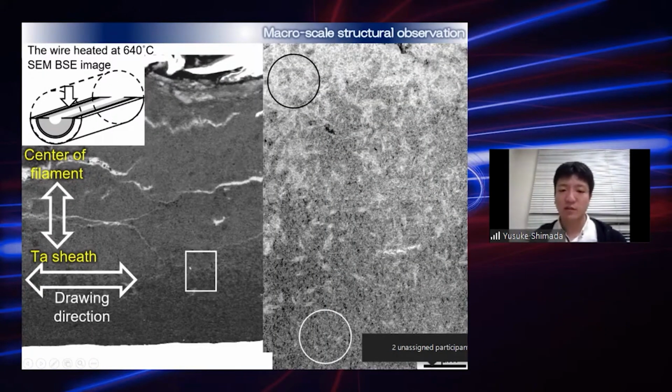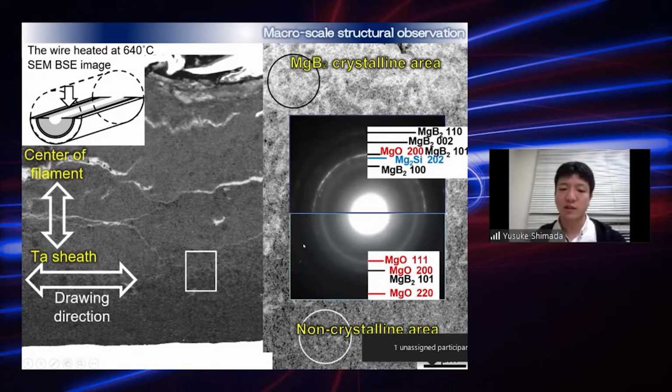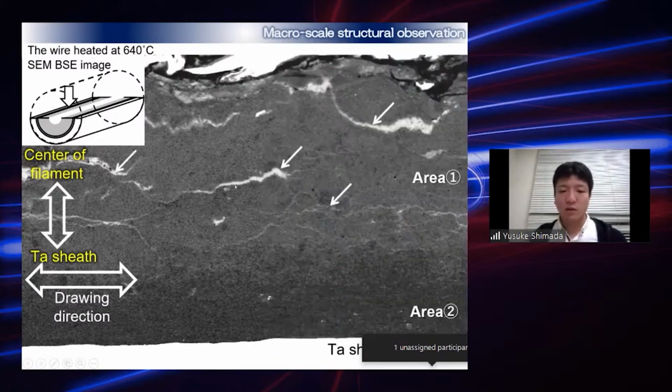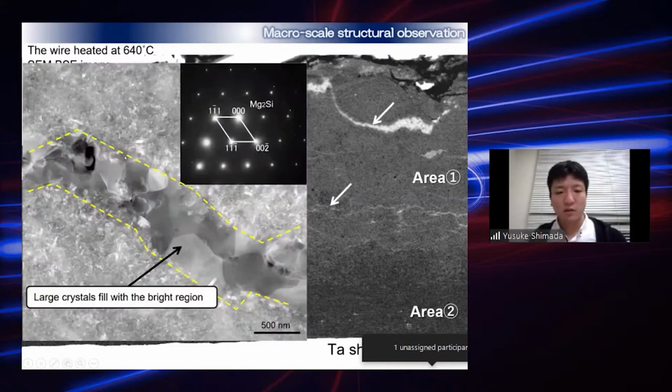From this result, MgB2 crystals are distributed only in this brighter area, which we call the crystalline area, and this outer area has magnesium oxide particles and amorphous boron, so it means a non-crystalline area. And this brightest area is filled with Mg2Si crystals.